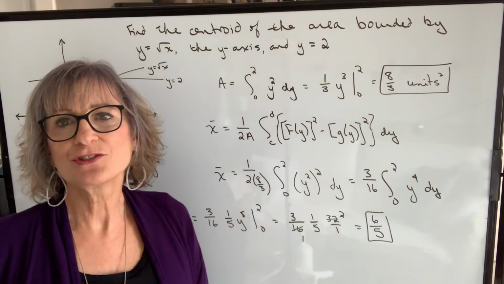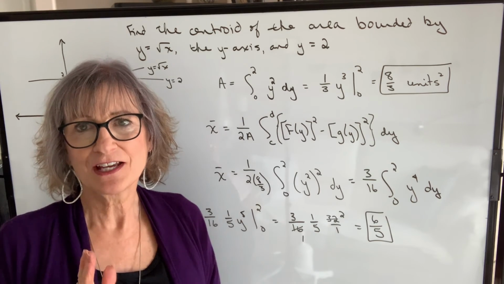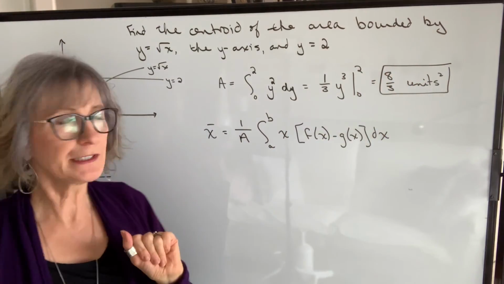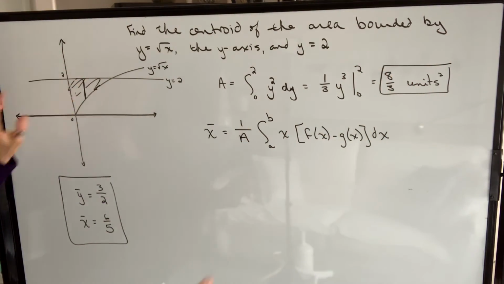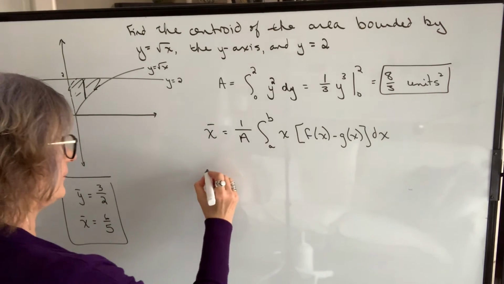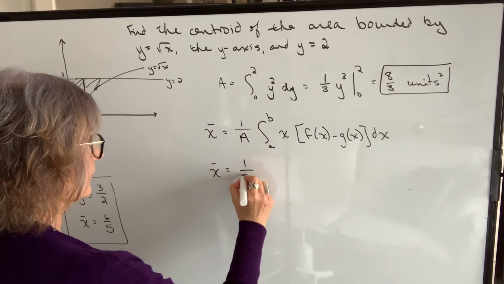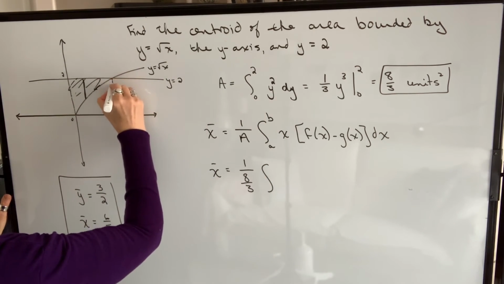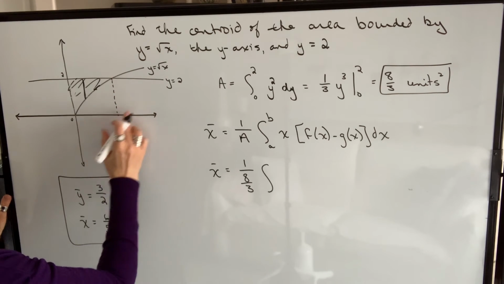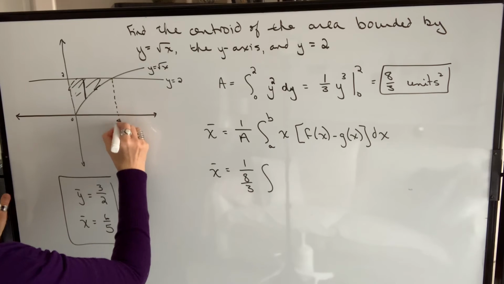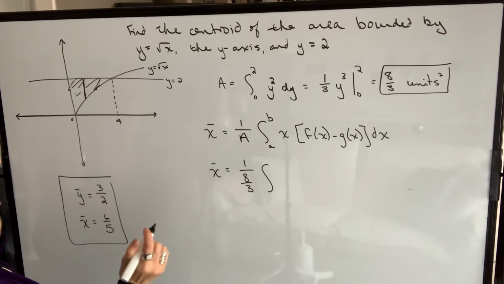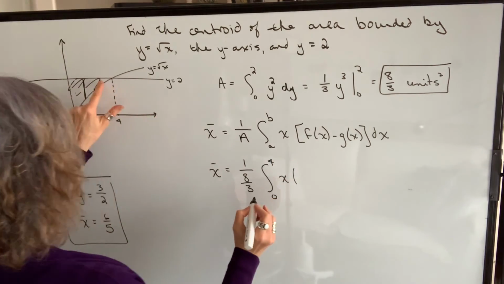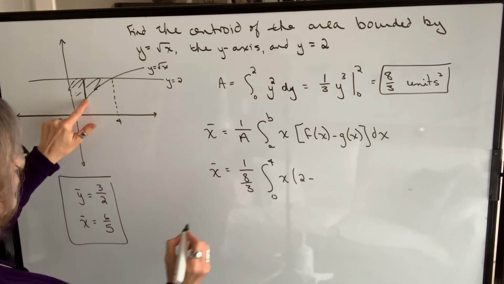As a check, let's do this question again, but let's use vertical rectangles and make sure that we get the same coordinates. We already found the area, so I'm not going to calculate that again, but now I'm using vertical rectangles, so this is the formula I'll use for my x coordinate. When I'm using vertical rectangles, I have to have these values in terms of x. So when y is 2, x will equal 4. So I have to change to my x values rather than my y values. So I have 0 to 4 of x times the top curve, which is 2, minus the bottom curve, which is square root of x.